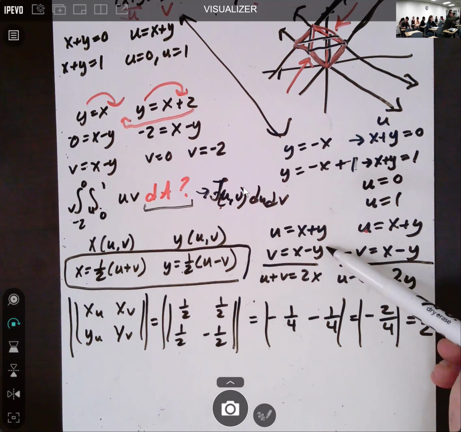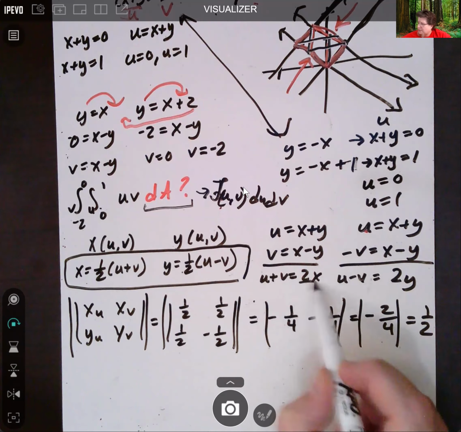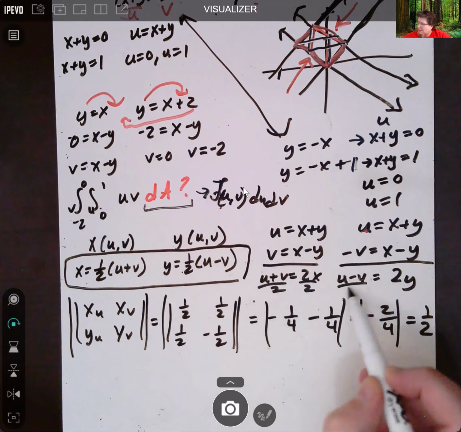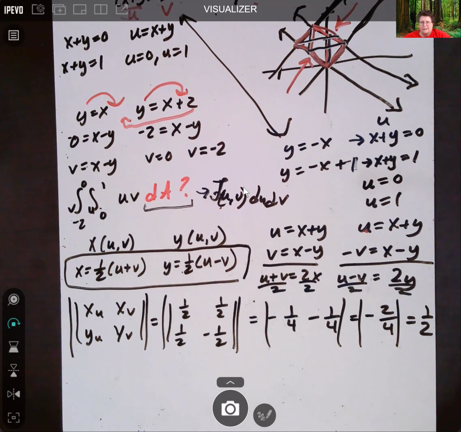Oh, wait, I divided by 2. Never mind. Yeah, okay. I solved for x.